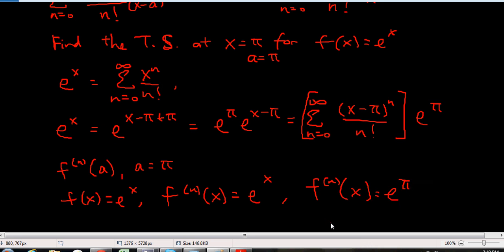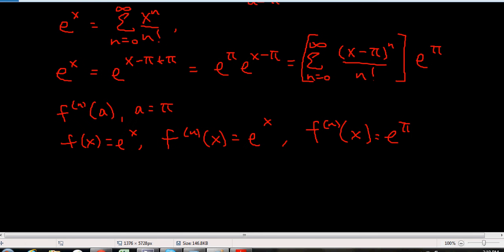Now the formula for the Taylor series, sorry, I shouldn't say f of x, this is the Taylor series, is equal to the sum of n equals 0 to infinity of f^(n) at a over n factorial times x minus a to the n, and we said that a was pi.